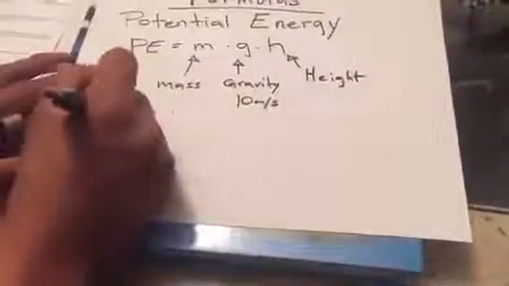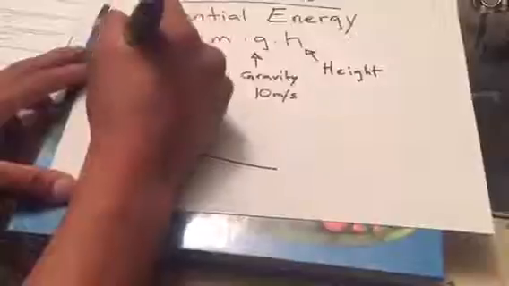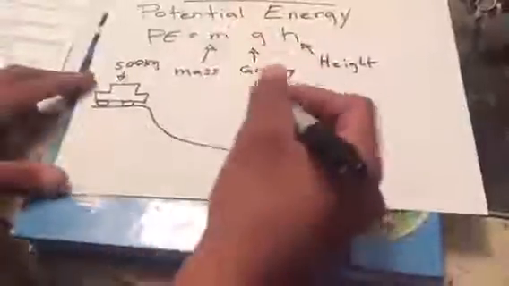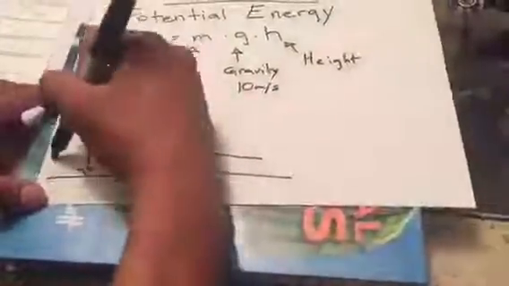Now let's see an example. Let's say that we have a car that's on top of a hill, and let's say that this car weighs 500 kg, and the height from here to the ground is, let's say, 100 meters.